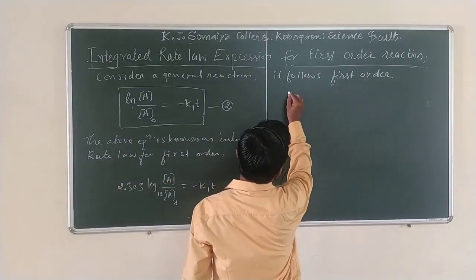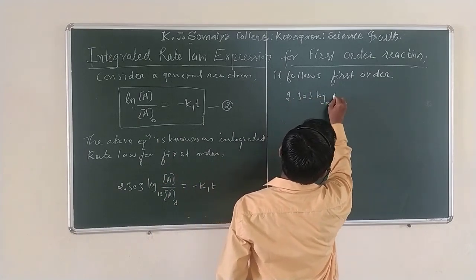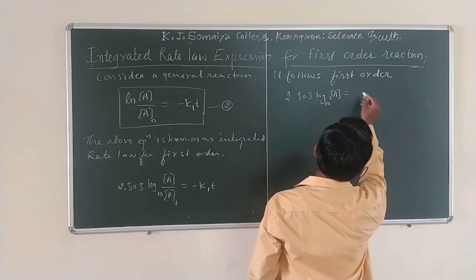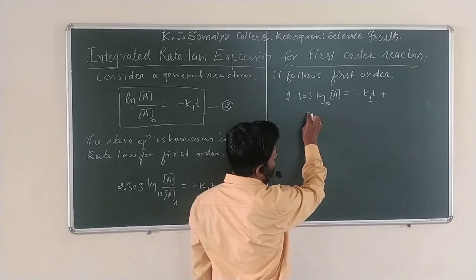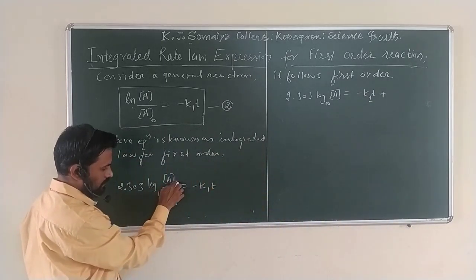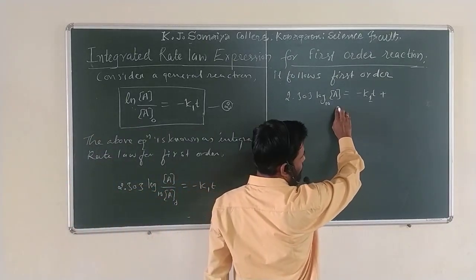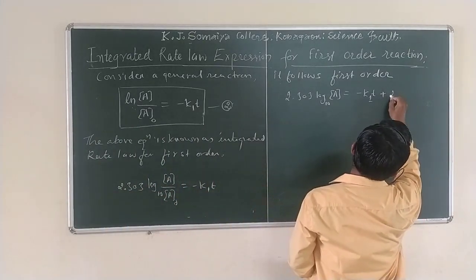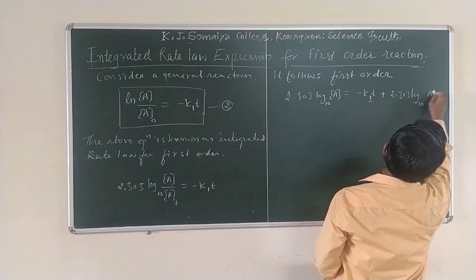So it can be written as 2.303 log10 of concentration of A is equal to minus K1 t plus 2.303 log10 of A0, since A0 taken to the right hand side becomes plus.